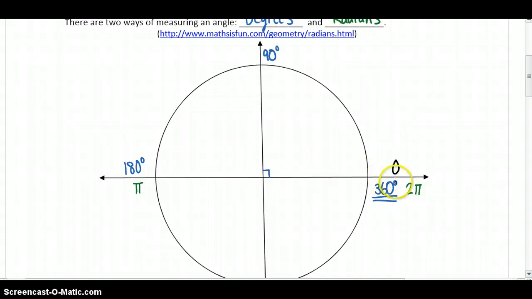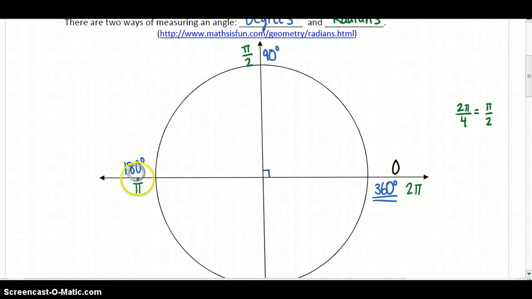Once again we're cutting that 2 pi into fourths. So if I cut 2 pi into fourths, it's the same thing as pi over 2. So this angle right here is pi over 2 radians. And we can do it the same way we did in degrees. Add pi over 2.